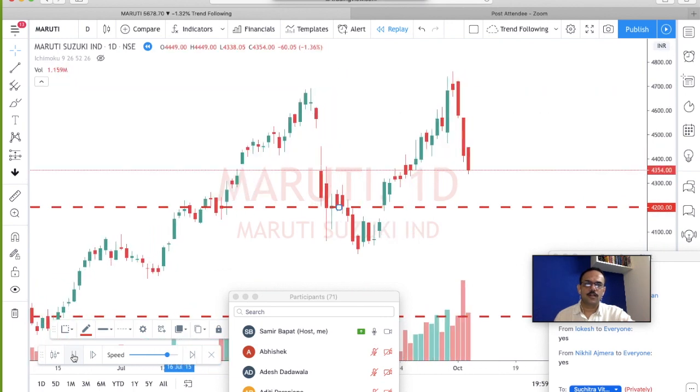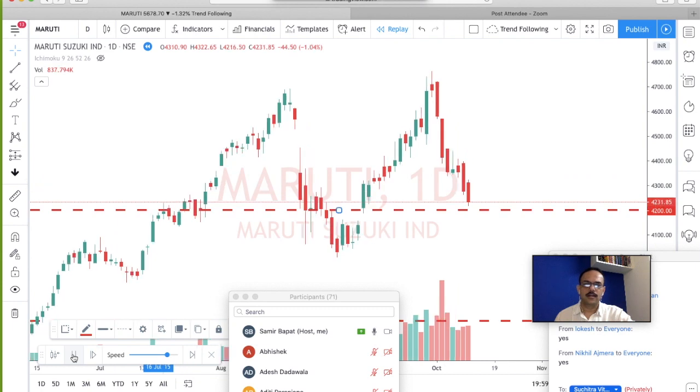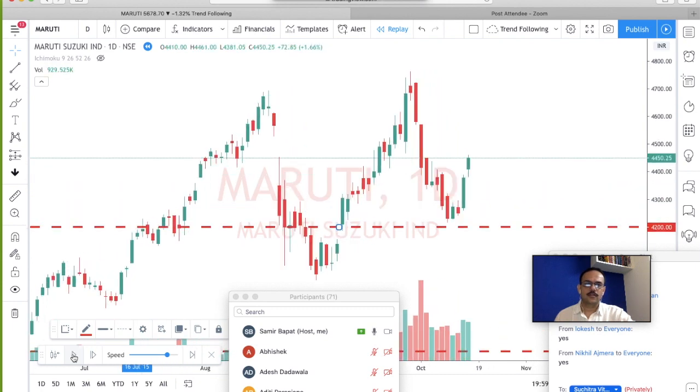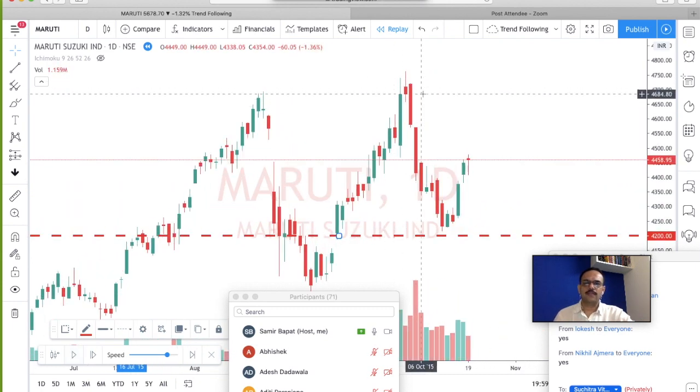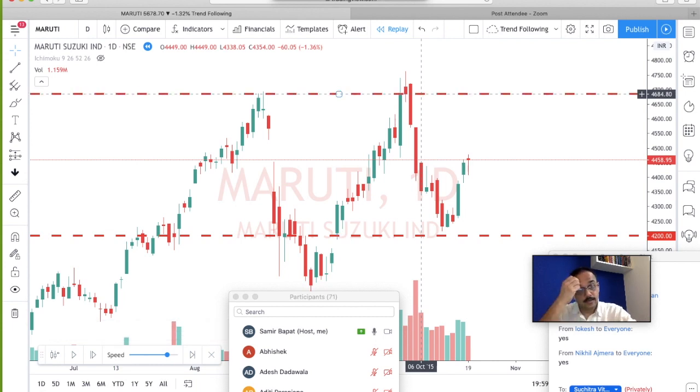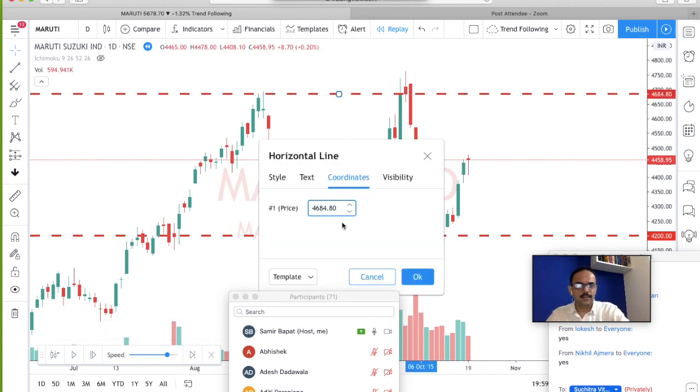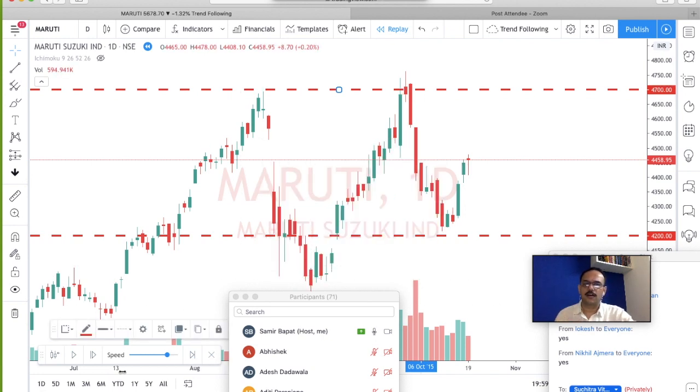And I want a higher resistance. So I can say roughly 4700 here, or somewhere here 4700, and then we'll see what happens, and we'll fine tune basis whatever happens at this point.